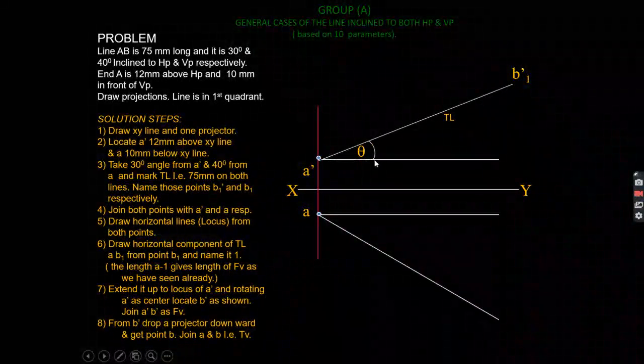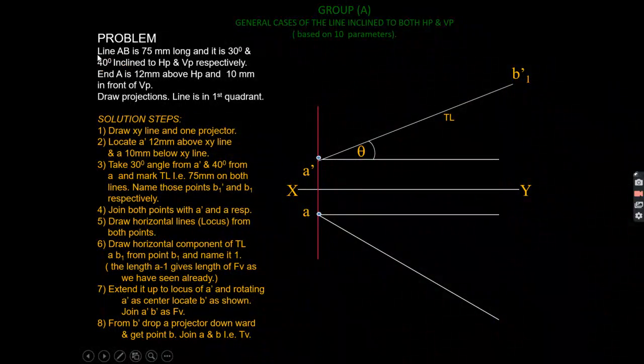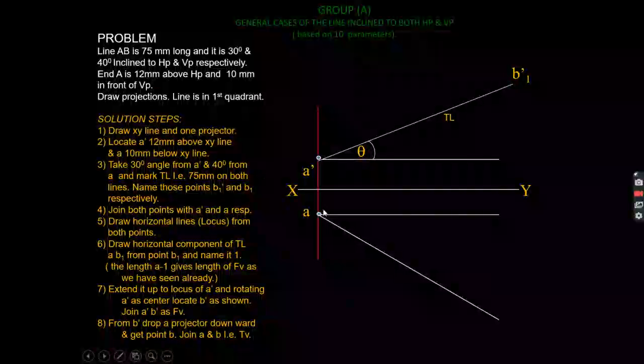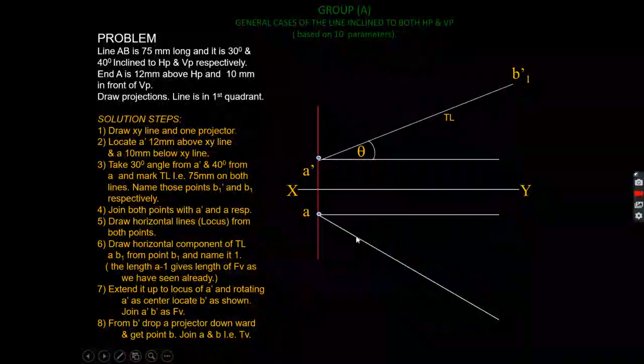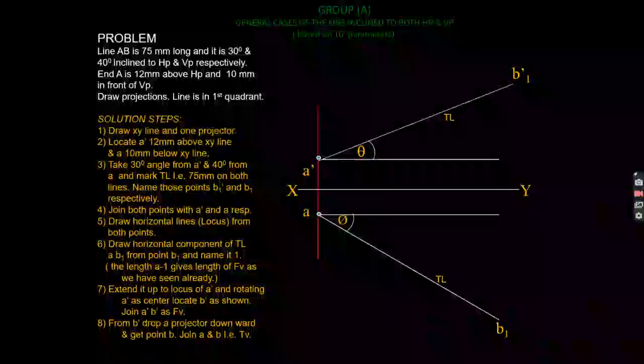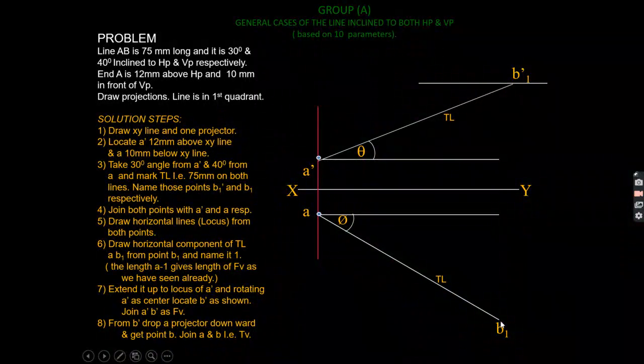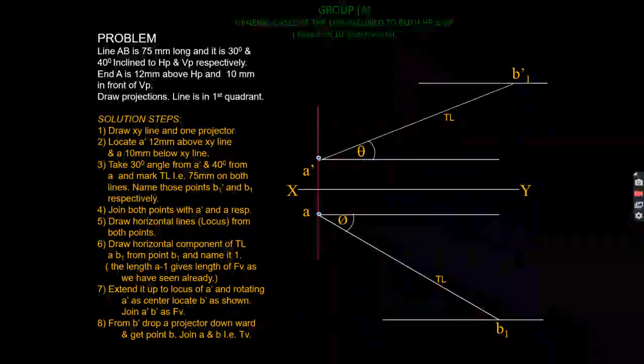Then in the same way I can draw the top view, considering the line is only inclined to the vertical plane, and this angle will be 40 degrees and this length will be 75 mm. After that I will draw the horizontal line from B1 dash and B1.